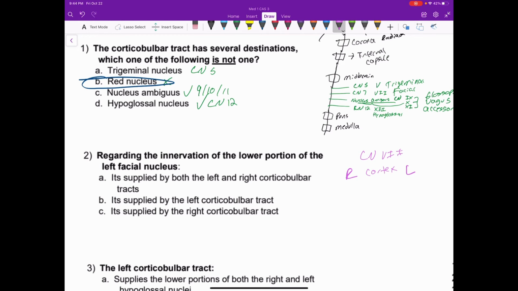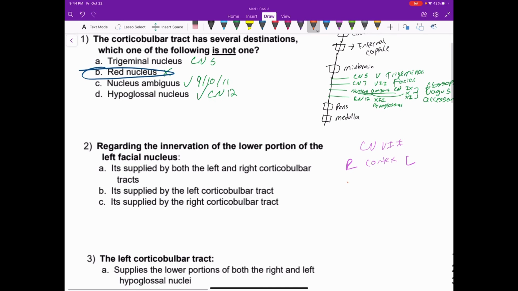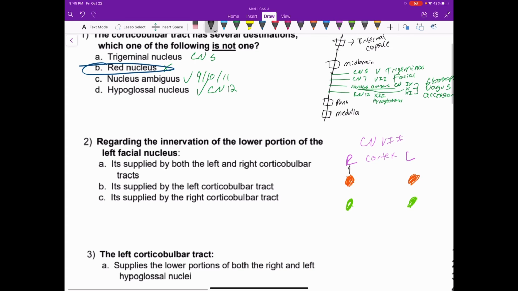And then we said from the cortex had a right side and it had a left side. And then what did we go to? We went to an upper region on both sides. And then we had a lower region on both sides. Okay. And we said the upper regions were ipsilateral and then a little contralateral support. But the lower regions were what? The lower regions were only contralateral.